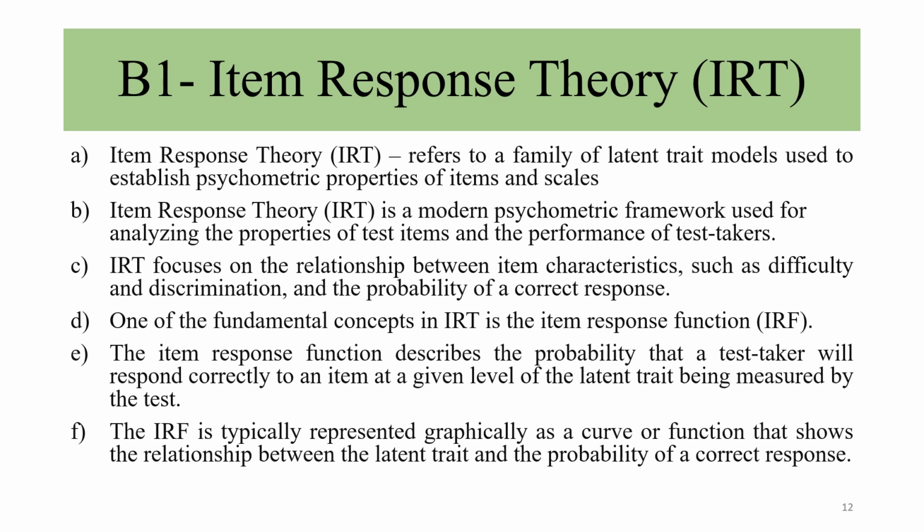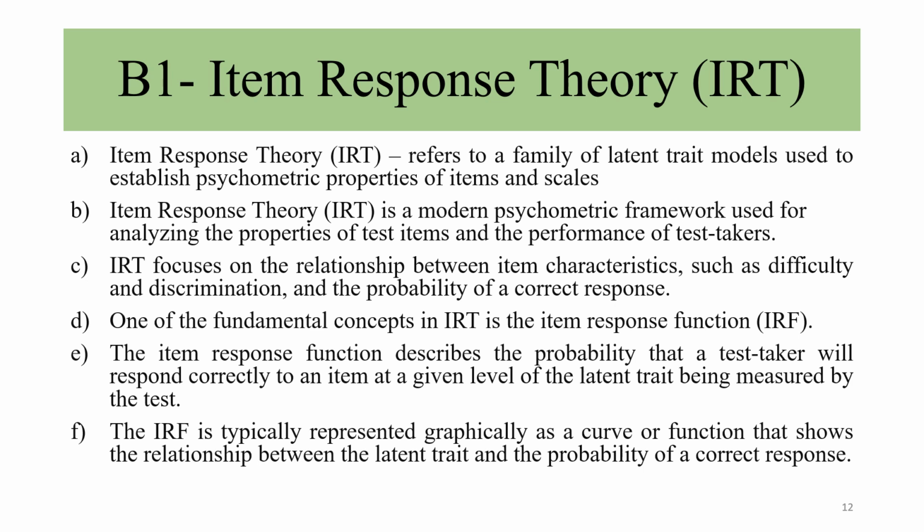For example, among 100 people, 50 mark it correct, then we say that this item is of this ability level. If more than 50 out of 100 mark it correct, then the item is easier. And if fewer than 50 people mark it correct, then the item is more difficult than the ability level of the 100 respondents.